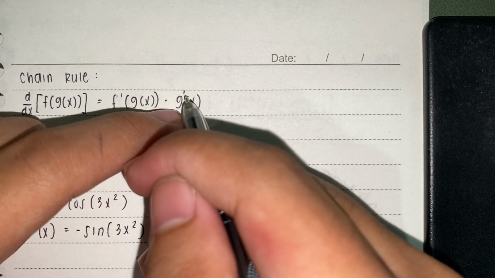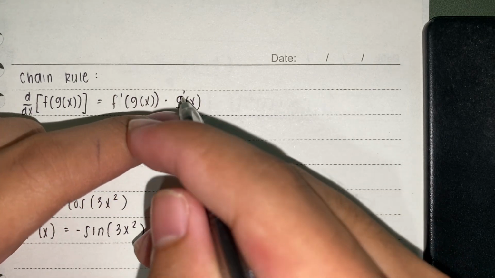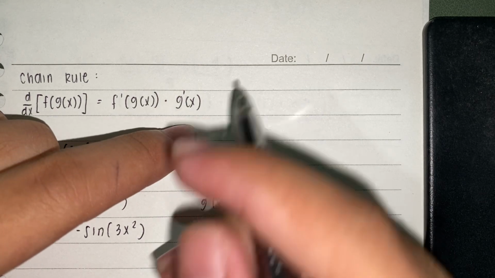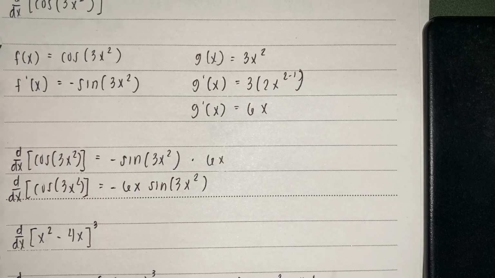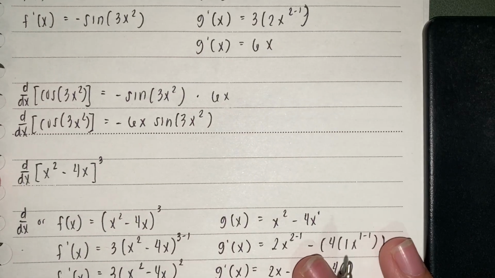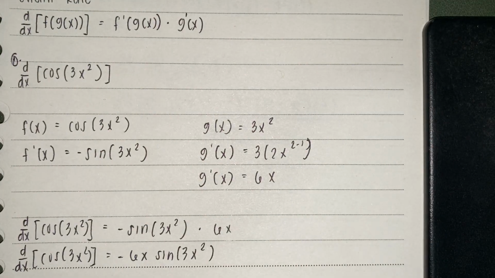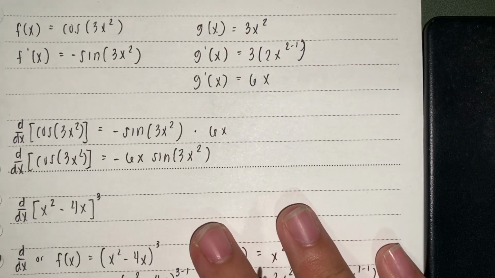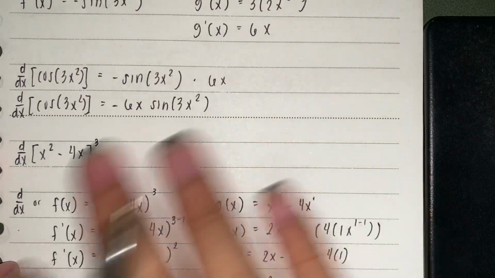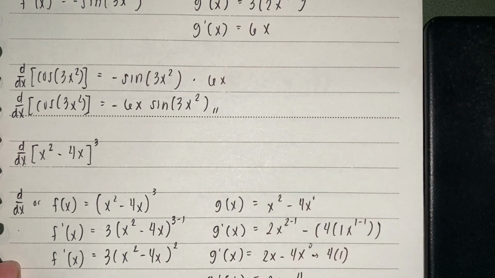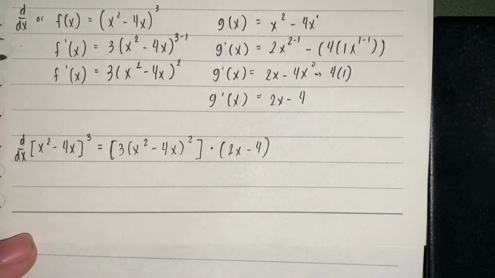This is actually f prime of g of x times g prime of x, not just g of x. So sorry for the misinterpretation. In the process of solving the first example, the process was right, so there's no problem in the answer in the first equation. This is right. But yeah, let's continue.